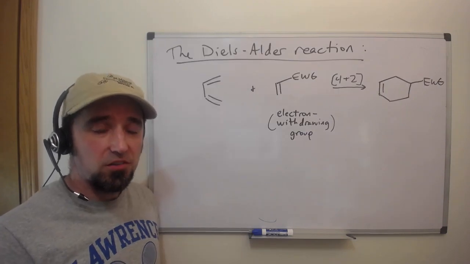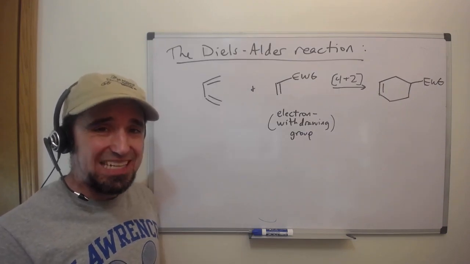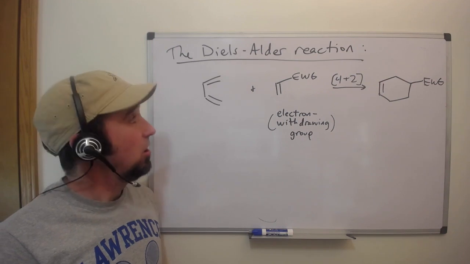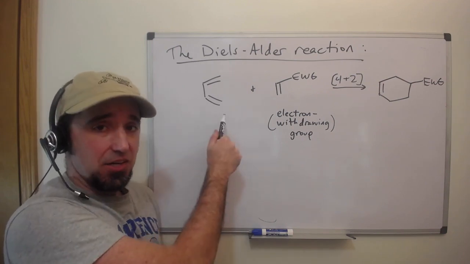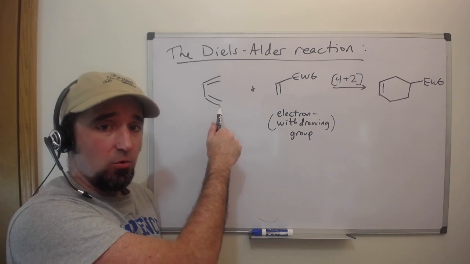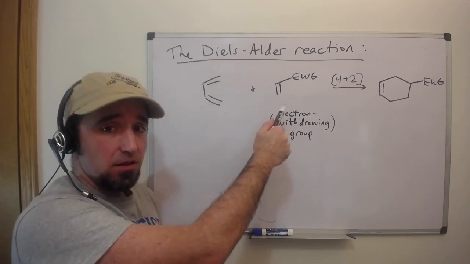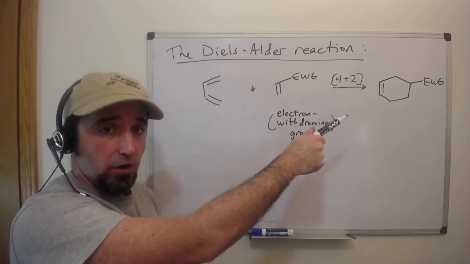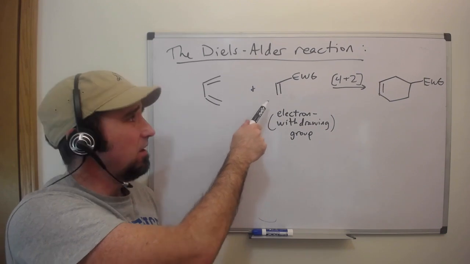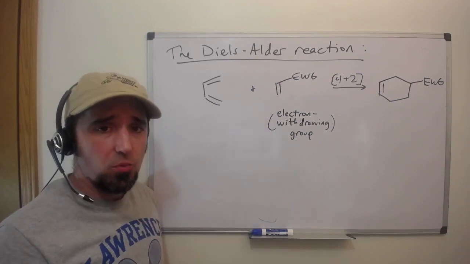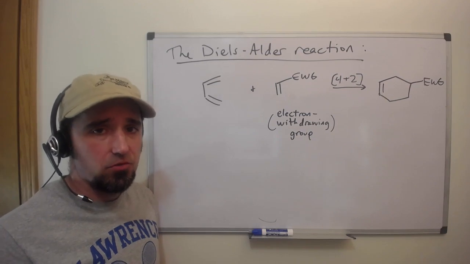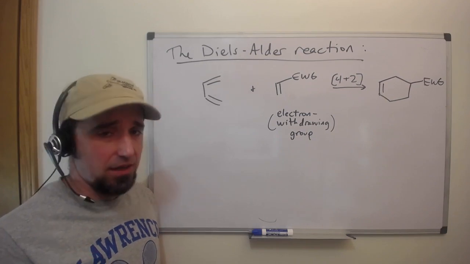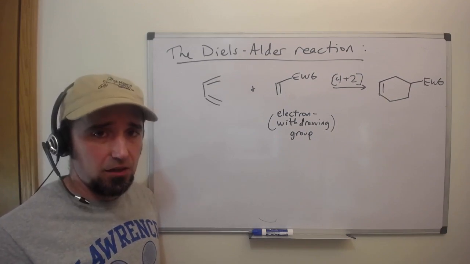The most important concerted reaction is called the Diels Alder reaction. In the Diels Alder reaction, we have a diene, a conjugated 1,3 diene, reacting with an alkene to form a new 6-membered ring. And usually this alkene has an electron withdrawing group on it, maybe a carbonyl, cyanide, nitro, something like that to withdraw electrons to make it a little bit easier.